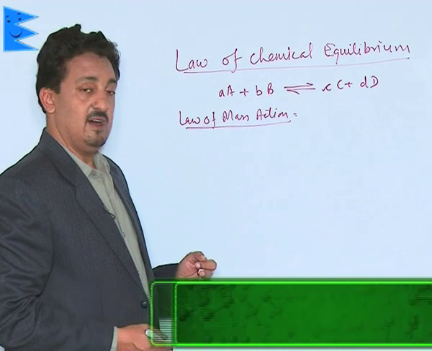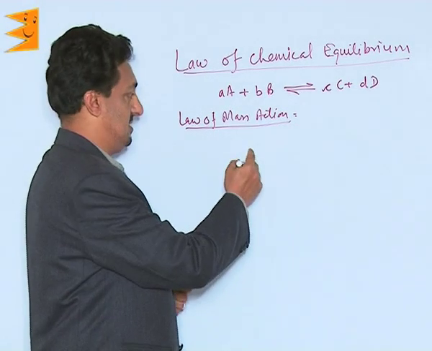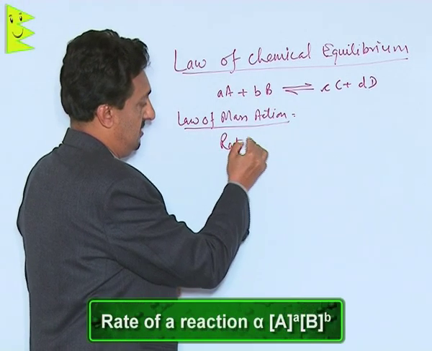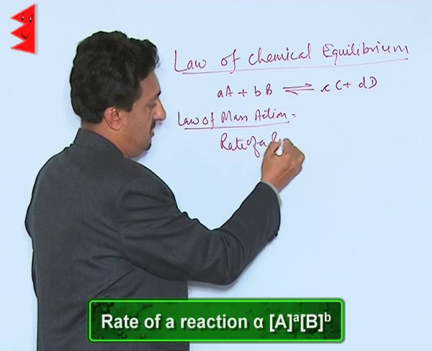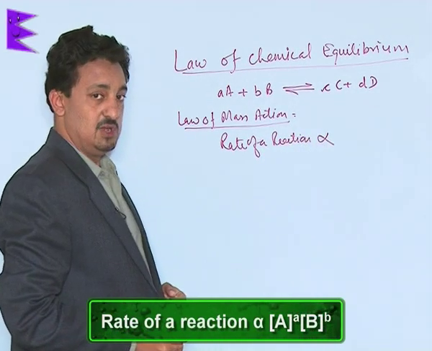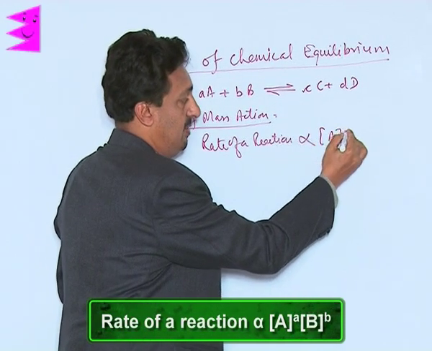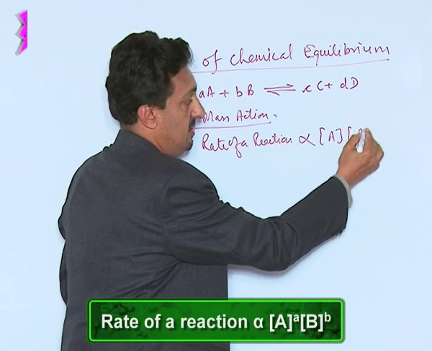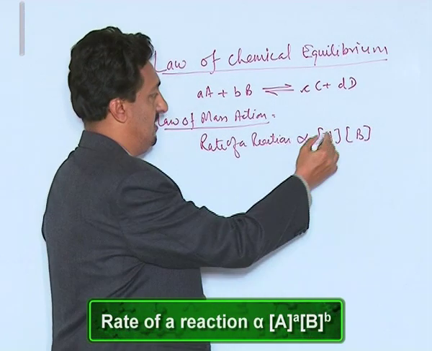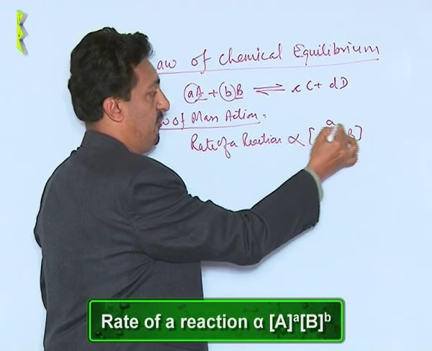It is an initial rate method, and according to this law of mass action, the rate of a reaction is directly proportional to the product of molar concentration of the reactants raised to the power their stoichiometric coefficients.